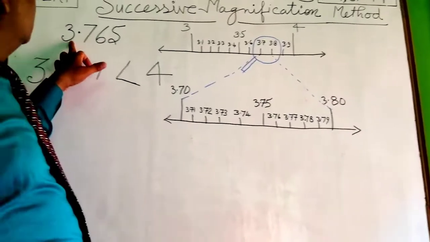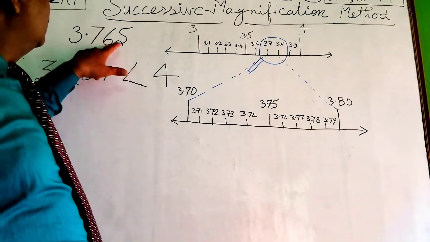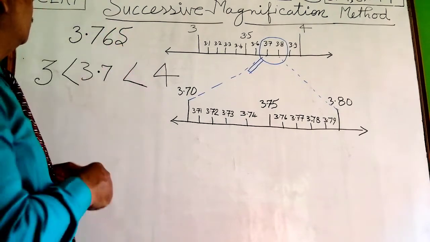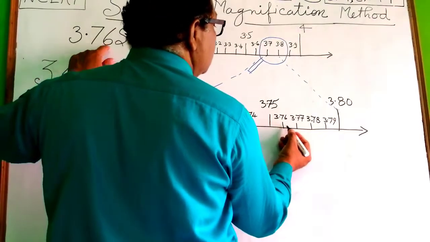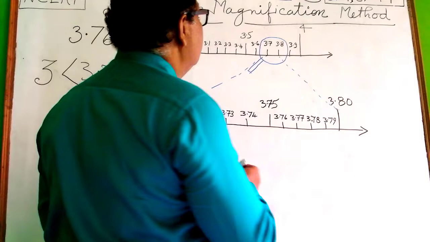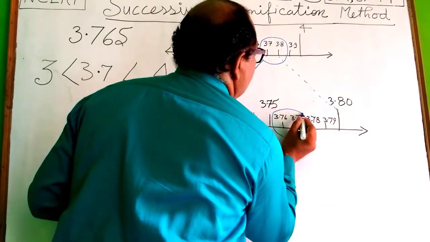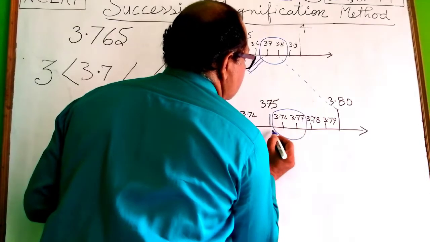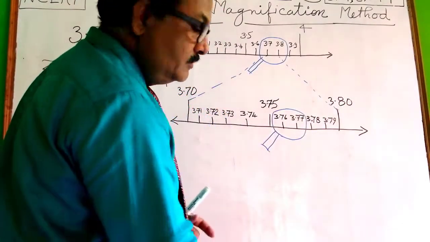So see here 3.76 and then 5. On this number line, you can see 3.76 and 3.77. Here again we will magnify these 2 points using our magnifying glass like this.